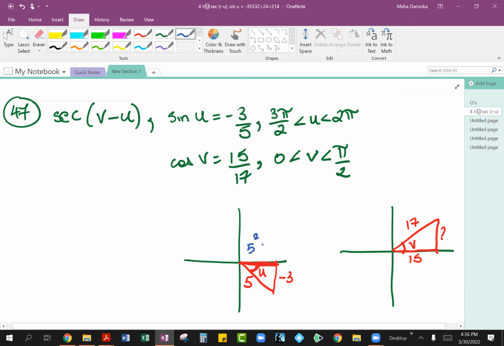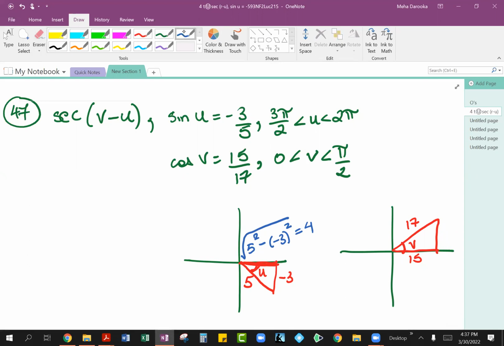Remember how you do 5 squared minus -3 squared, and then you would take a square root on that. So basically you would end up with 25 minus 9, which would give you 16, and the square root of 16 would give you 4. All right, very nice, Lucy.